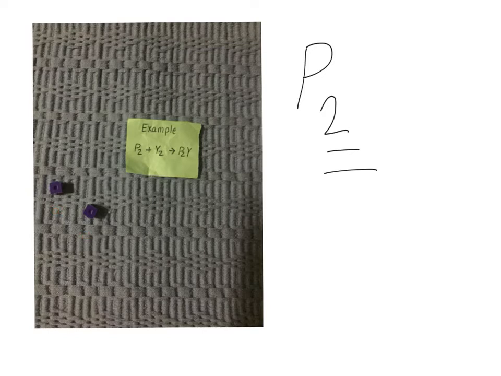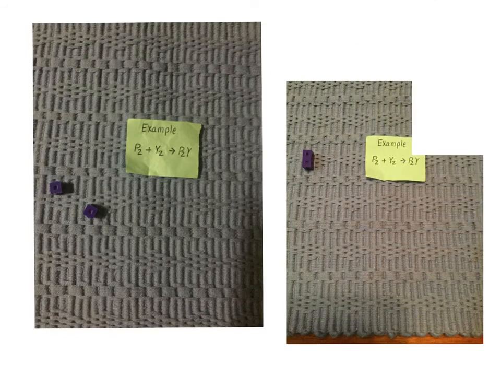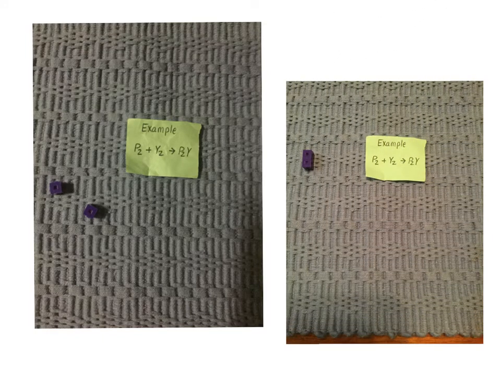But because the 2 is directly attached to the P, that means that my 2 purple blocks need to be attached to each other. So stick your purple blocks together, and you should end up with that: 2 purple blocks stuck together, which is P2.